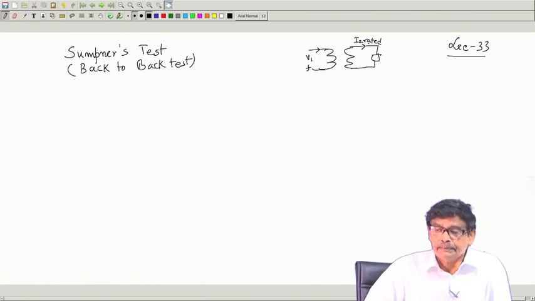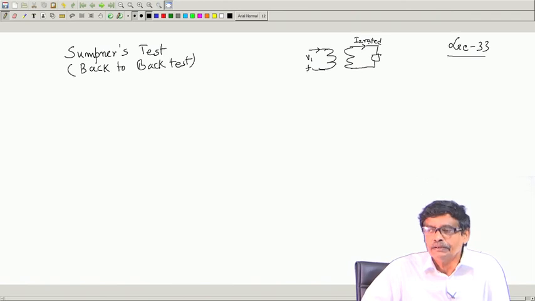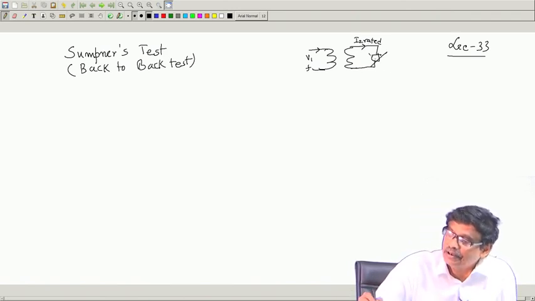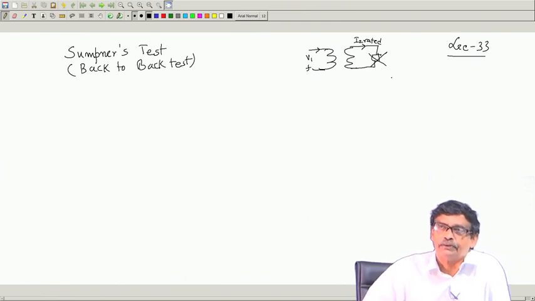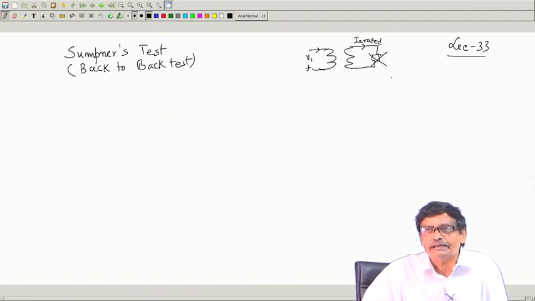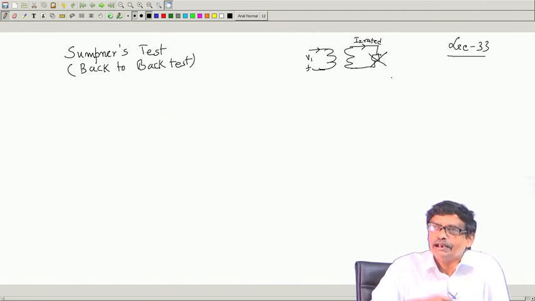In this test, what is done? He never uses actual loading, but creates such a situation that the transformer feels it is fully loaded. That is, rated voltage is applied, rated flux will be there, and the windings will also carry rated current.